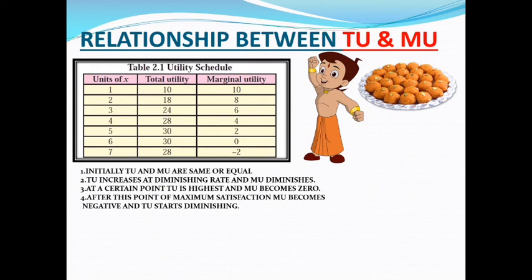One after the other, when he keeps on consuming these laddus, he will get total utility which will be increasing but at a diminishing rate. Similarly, the marginal utility which he is getting from the units of laddus is going to diminish, as at a certain point his stomach will be full and then he won't be able to consume more and more. So it's easy to understand the relationship between TU and MU here.